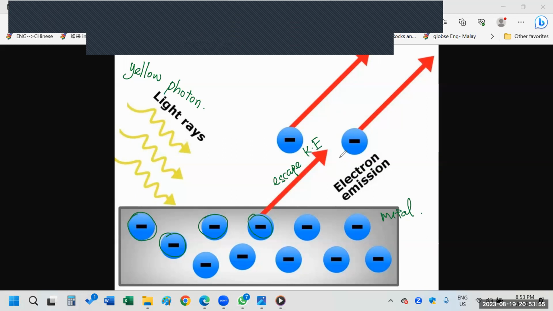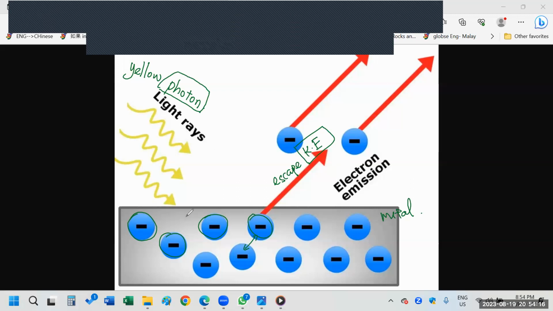So photon is energy. Then they gain enough energy to escape. They also have kinetic energy. Then what kind of energy is gained before? Because all of them have an attraction force, you all know.